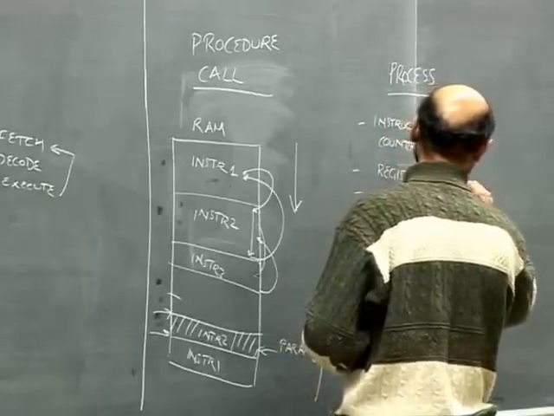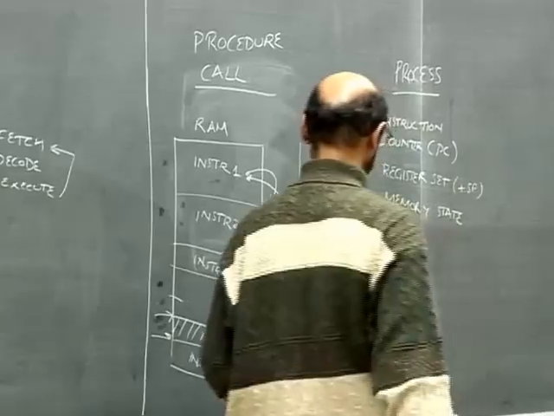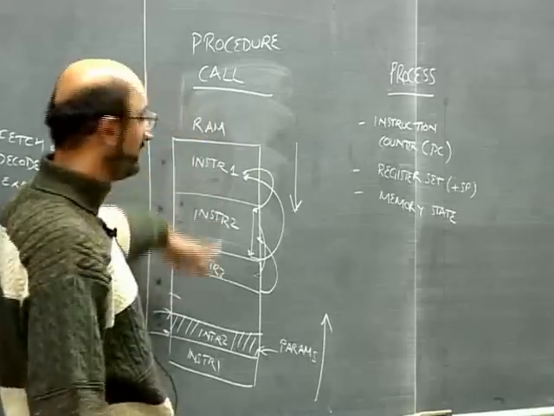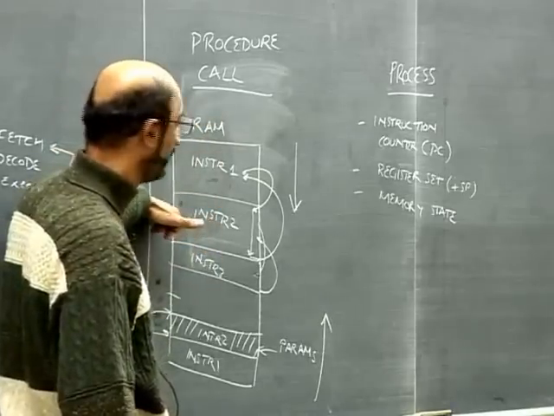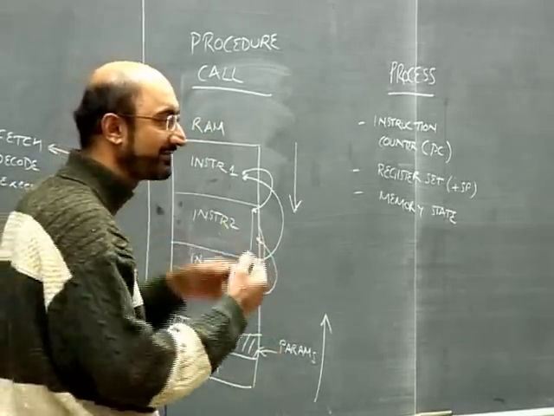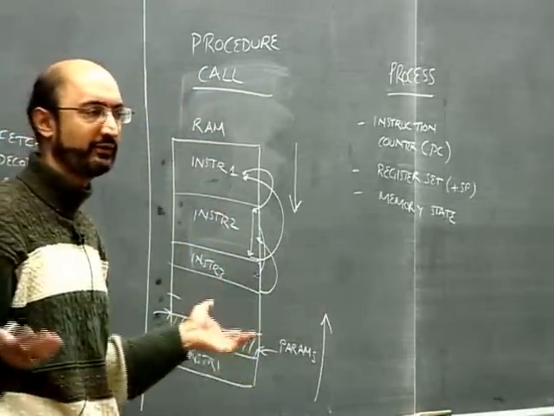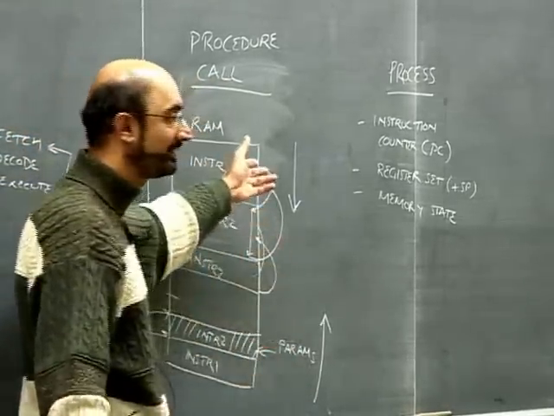This includes the stack pointer, which is also a register. So a process is basically: where am I in the program? What's in the registers, which is sort of an extra memory, plus what's in the memory. That's the process. If you want to tell what the process is, it's these things.